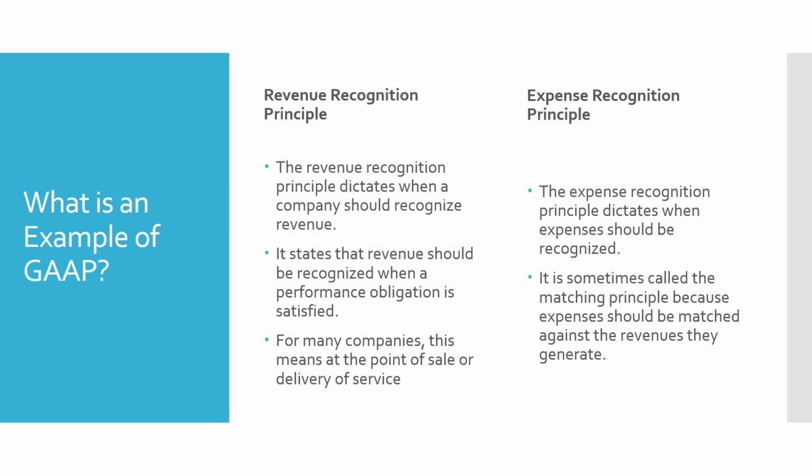So the expense recognition principle dictates when expenses should be recognized, and it's sometimes called the matching principle because it says that expenses should be matched against the revenues that they generate. And so when we recognize the sales revenue, we would also want to recognize cost of goods sold, which is the expense associated with that.